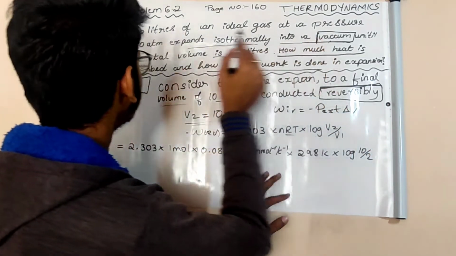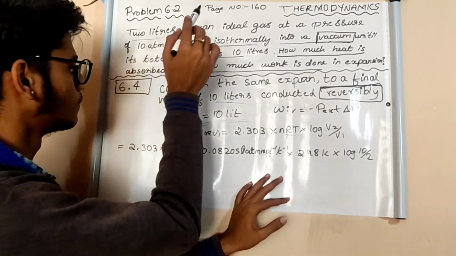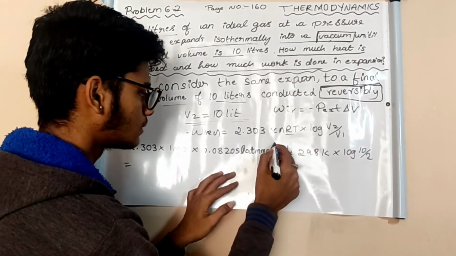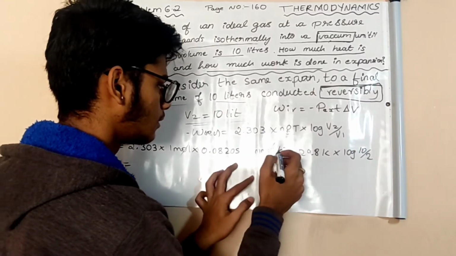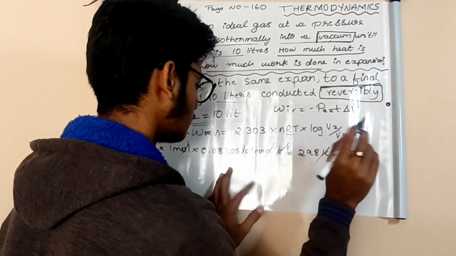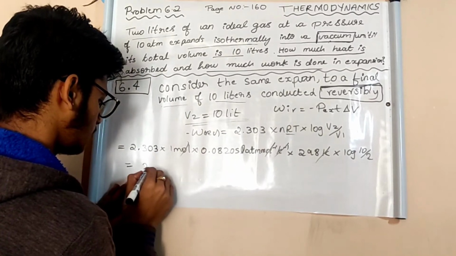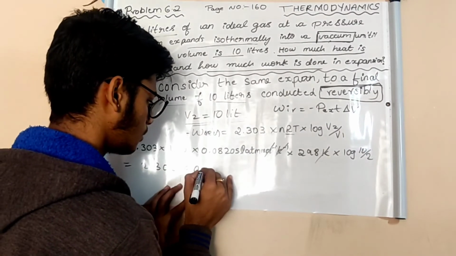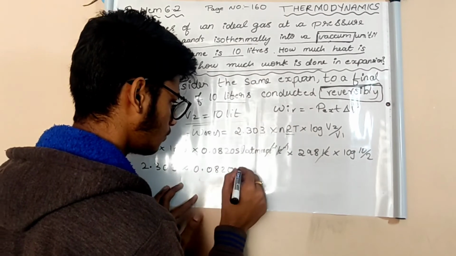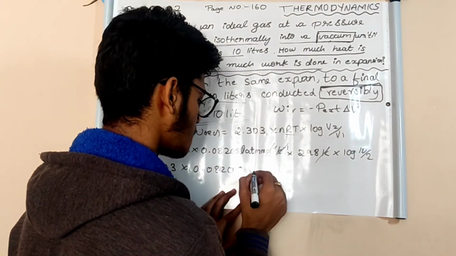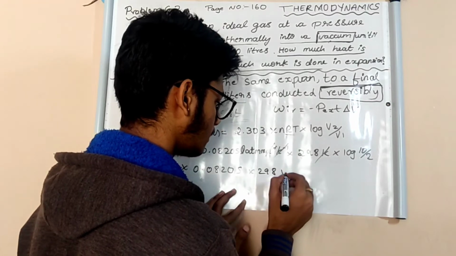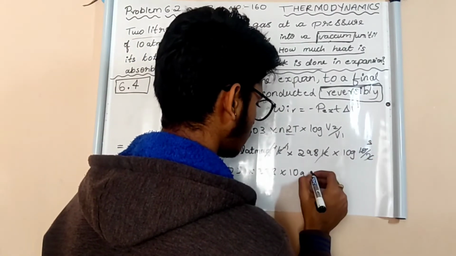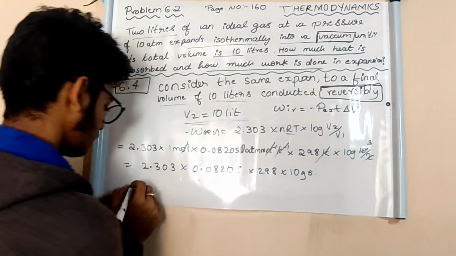Here V1 is 2. So mole inverse and mole cancel, Kelvin inverse and Kelvin cancel. So remaining 2.303 into 0.08205 into 298 into log 5.